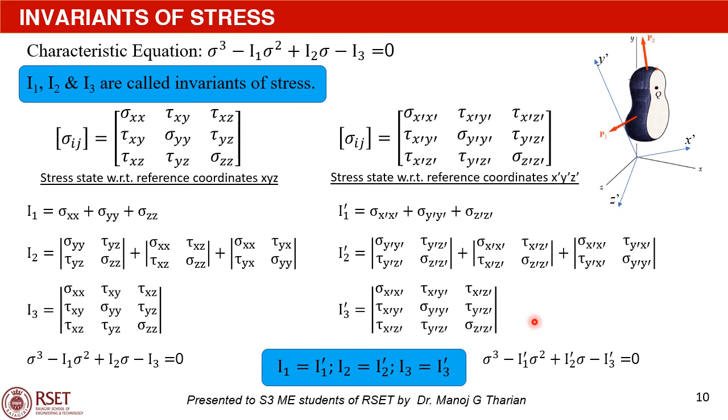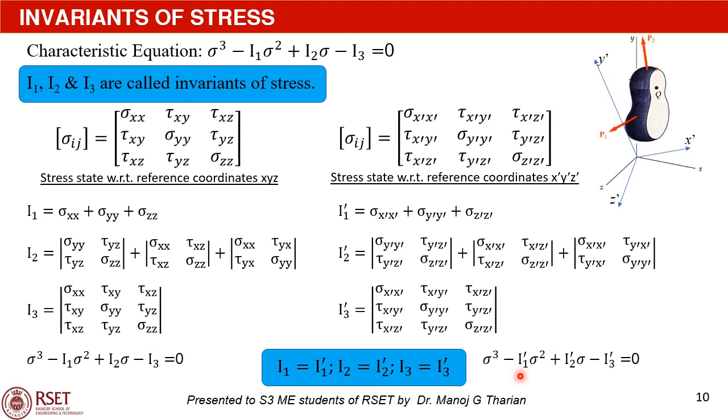Solving this characteristic equation, that is using this stress invariants, this also will give you the three principal stress at point Q for a given set of loading and for the given geometry.